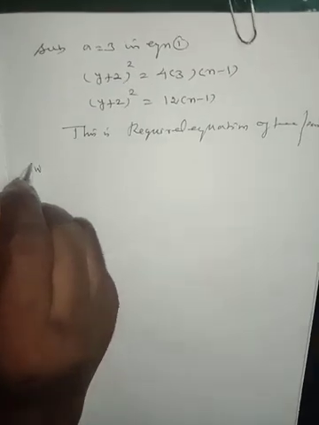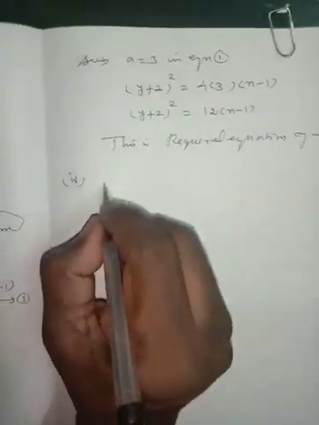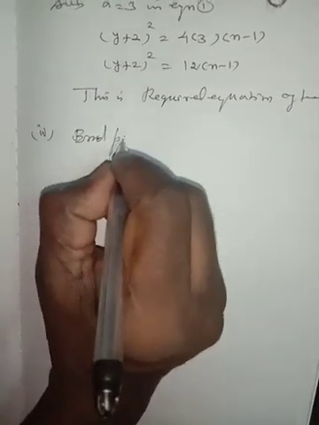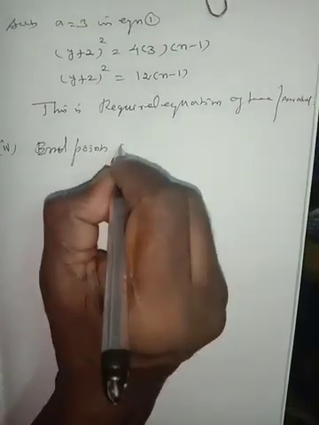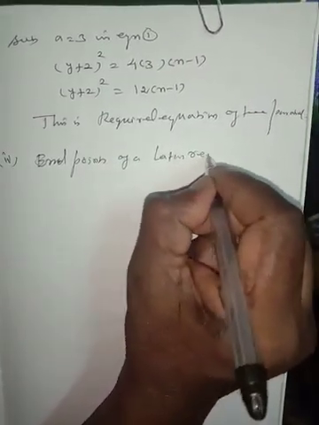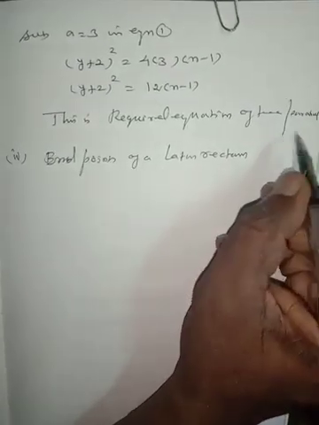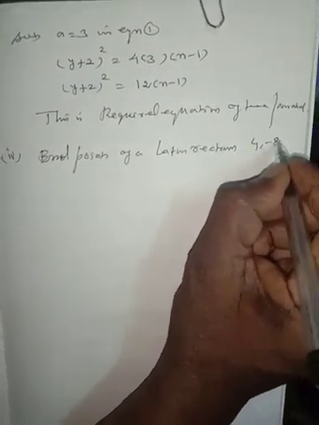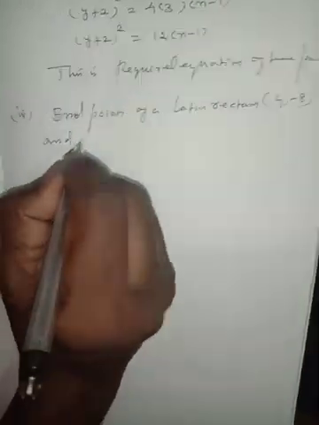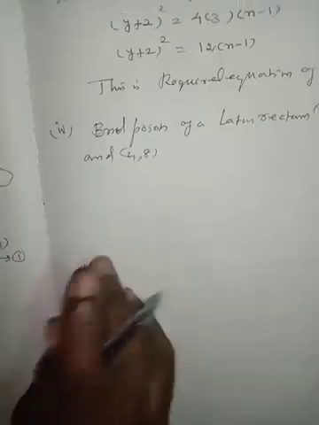Next, solution number 4. The end points of a latus rectum are 4 comma minus 8 and 4 comma positive 8.